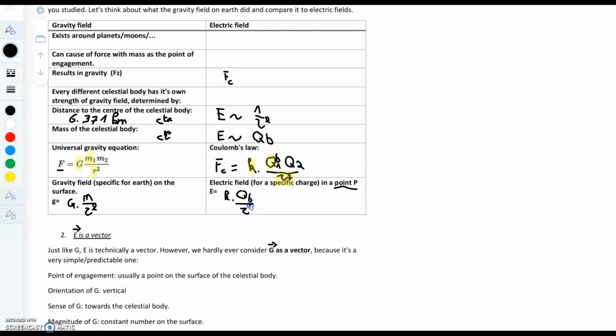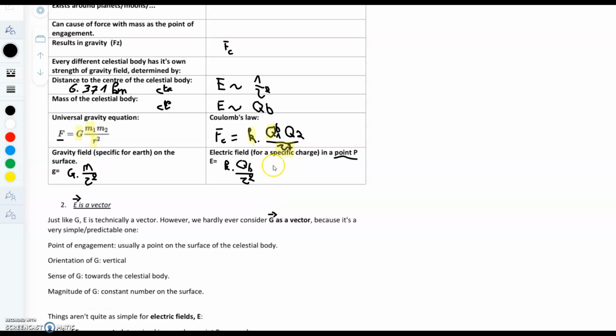Now, in this context, there is one thing that we have to take into account. This equation is not quite done yet. In order to avoid negative forces and all of that nonsense, we always worked with the net values of each charge. So even if one was positive and the other was negative, we never took that into account to calculate the amount of force. What we did take into account, however, was the sense of the vector of the force.